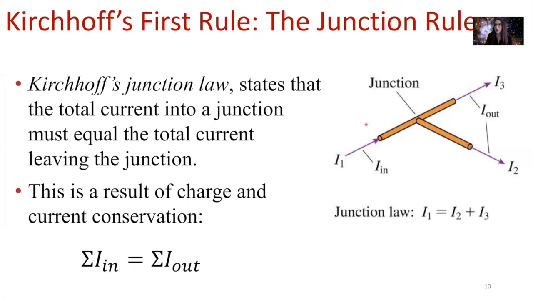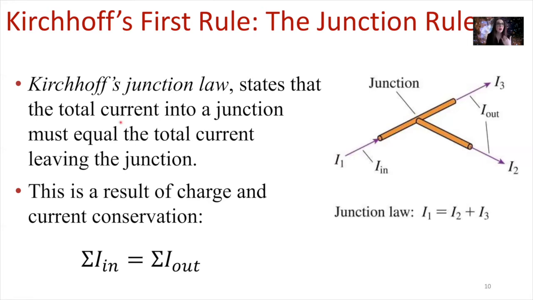So for example, right here, we have a junction. We've got the current that I'm going to call I1 over here coming into the junction, and then that current splits off into two directions. The current coming out of that junction is current I2 going this way and current I3 going that way.